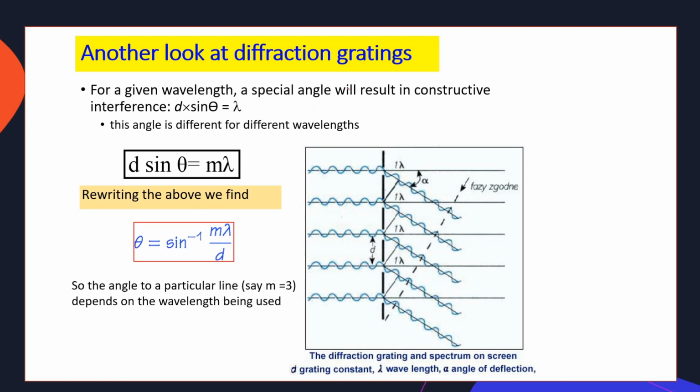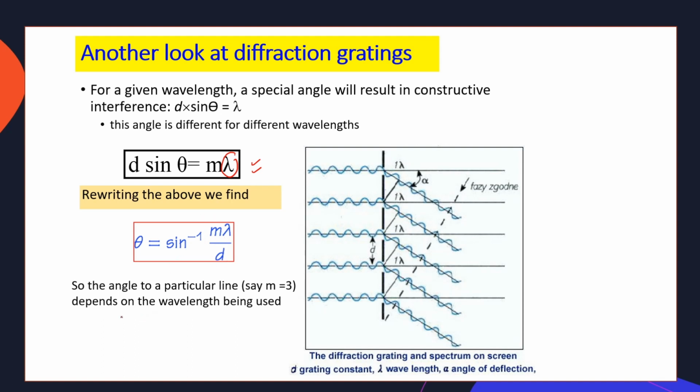So this is another look at diffraction gratings. As we know, for a given wavelength, a specific angle will result in constructive interference. This is the equation from before. This angle is different for different wavelengths, so you can see it also depends on the wavelength. When we rewrite the above equation, we can write theta equal to inverse sine of m lambda over d.